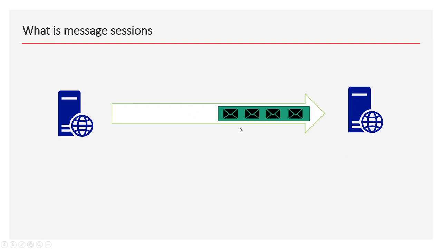Once this is done, there are only four items left, and these four items represent user 3 only, right? So these are user 3's message sessions. We will generate a session ID and pass it in all the messages, so that the subscriber, the dispatcher service which consumes these messages, understands that they have to be consumed simultaneously.